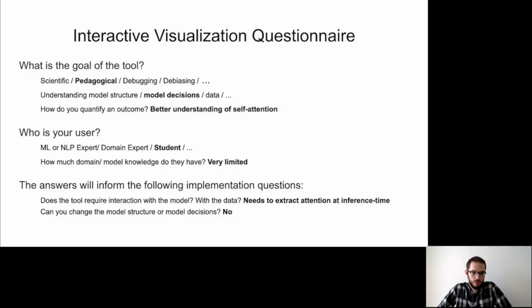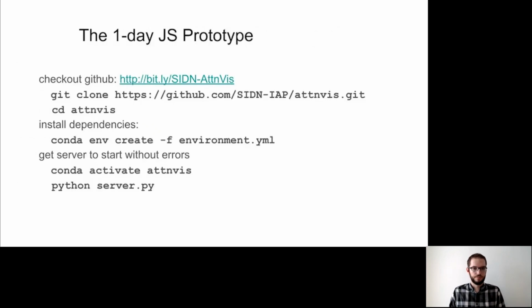So our tool will require interaction with the model this time. It needs to extract the attention at inference time, since we want to be able to simply write a sentence and get back the attention. However, we are not actually feeding anything back into the model. The model is static to us. That allows us to define a very simple API of how the model and the interface are communicating.